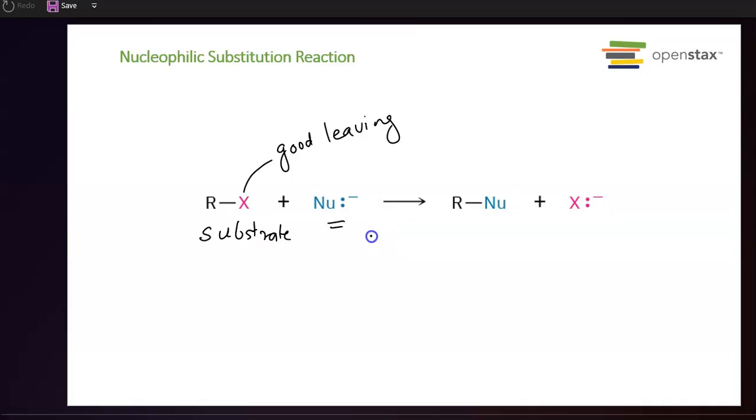The nucleophiles can either be fully negatively charged, or they can also be neutral species, like a water molecule can act as a nucleophile. And then the resultant product would be where the halogen has been substituted by the new incoming nucleophile and the leaving group is removed from the substrate.